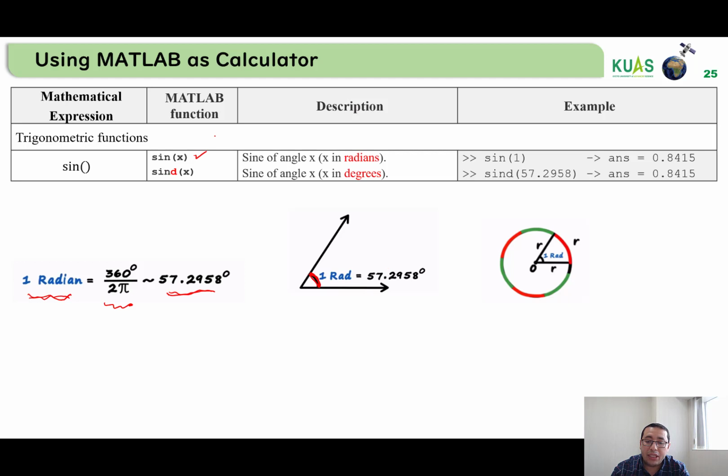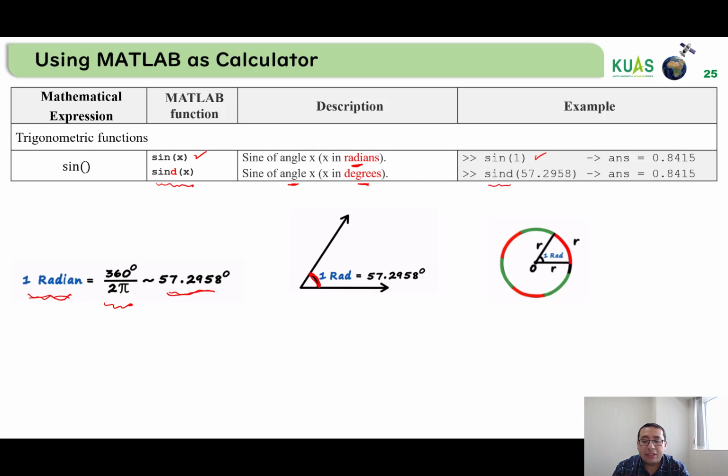If we need to take the sine of an angle, and this angle is in radian, we should write sin x. But if this angle is defined in degree, we should write sind x. For example, if we write sin 1, it's 1 radian. So sin 1, the answer is 0.8415.